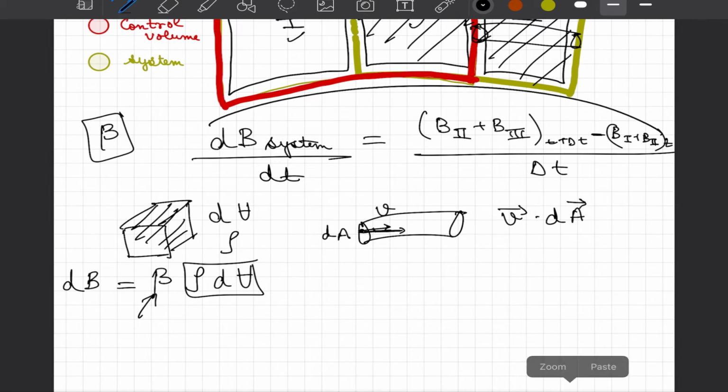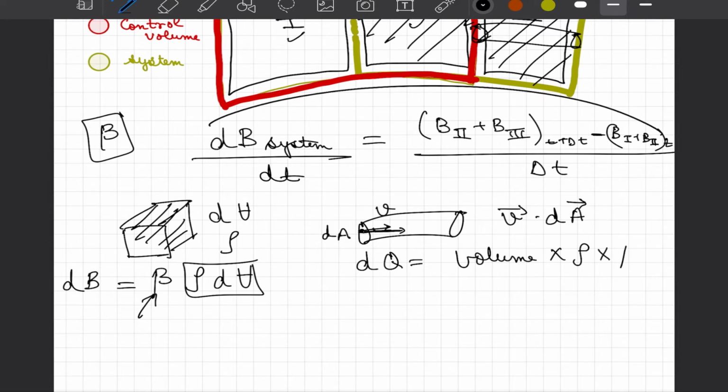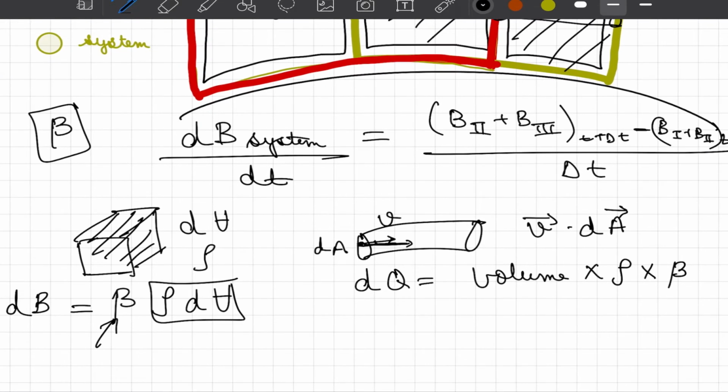Now, if we are interested in the rate of change, the small dq, the flow rate through this small funnel under consideration, where q is always in meter cube per second, it has to be per unit time. What we will do is again the same thing: volume when multiplied by density should give us the mass contained, and if we multiply it by beta, it should give us the extensive property contained in this small element.